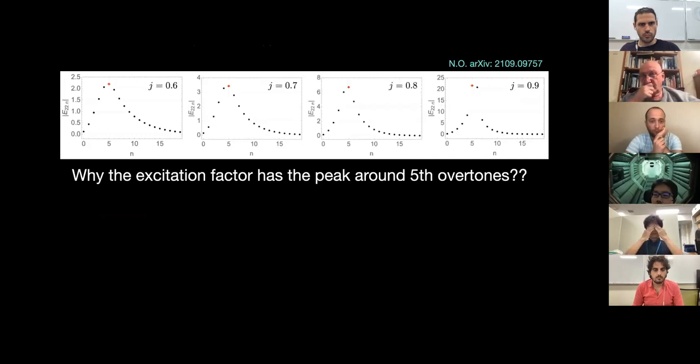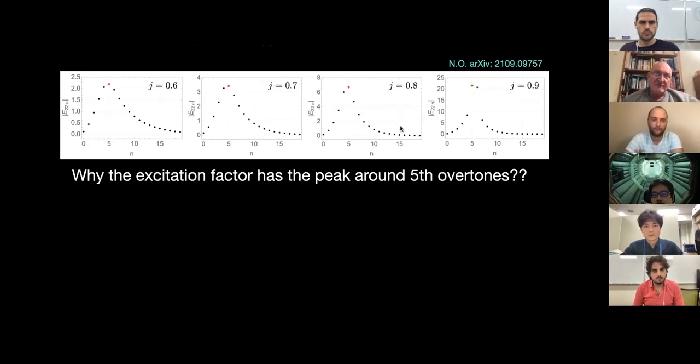Well, I think some of you might wonder why the fifth overtone is so special. As you can see, the fifth overtone has the highest excitation factor.